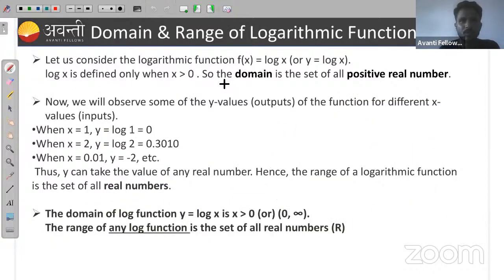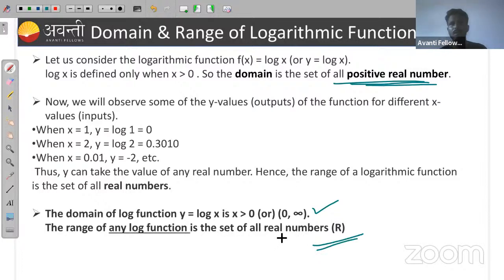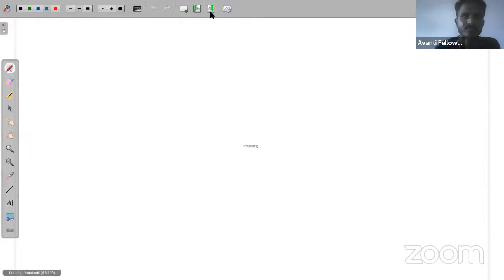ठीक है, as I told you, the domain is the set of all positive real numbers. ठीक है, log is only defined for all the positive real numbers, that is 0 to infinity. That is the domain of a log function, and the range of any log function is the set of all real numbers, as I told you. So the output of a log function can be any real number. ठीक है.